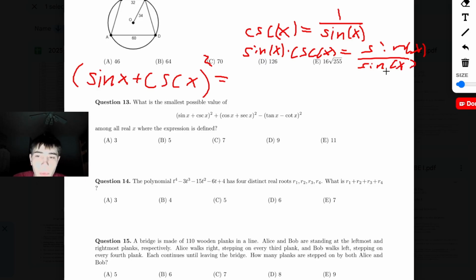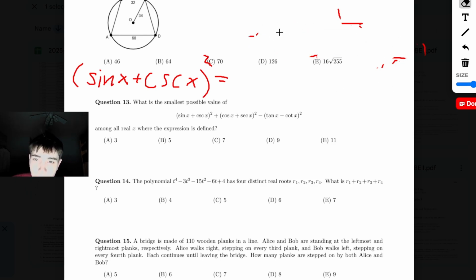And so when it's not 0, that means that we get 1. Okay, so in general, sine of x times cosecant of x is, sorry, not 0, it's equal to 1, when they both exist. Okay, and that's just good to know in the back of our mind.